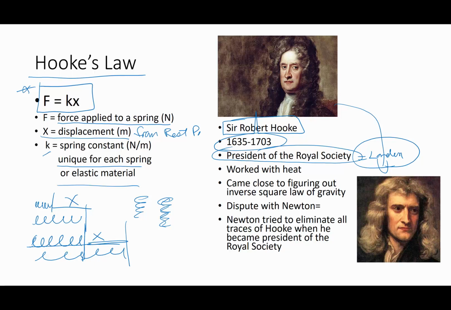Well, Newton was this shy, bookish young man, and at one point in time, he made a presentation before the Royal Society, and when Newton got up and made his presentation, Hooke accused Newton of plagiarism, because Hooke had actually started to work on the inverse squared law of gravity, but he never quite figured it out.